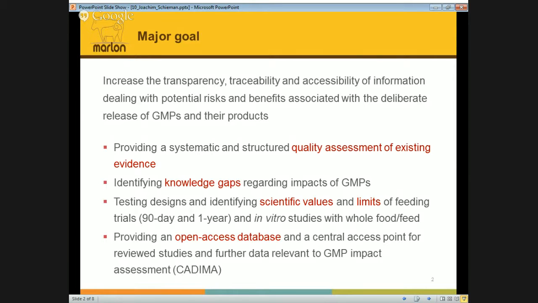Then the third point, testing designs and identifying scientific values and limits of feeding trials, both 90-day, so subchronic, and 1-year chronic toxicity trials, and in vitro studies with whole food feed. And the fourth point, providing an open access database and a central access point for reviewed studies and further data relevant to the impact of genetically modified plants.